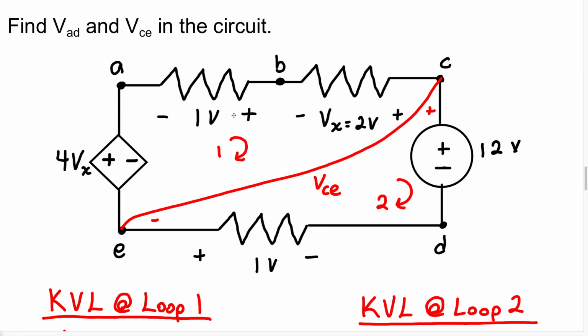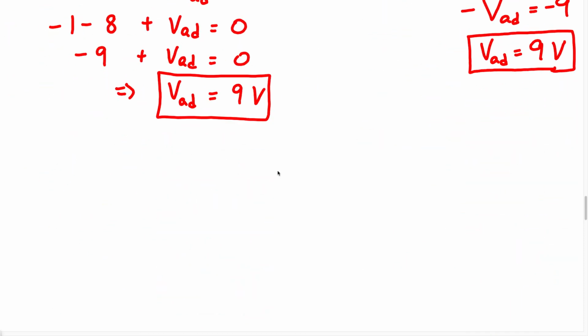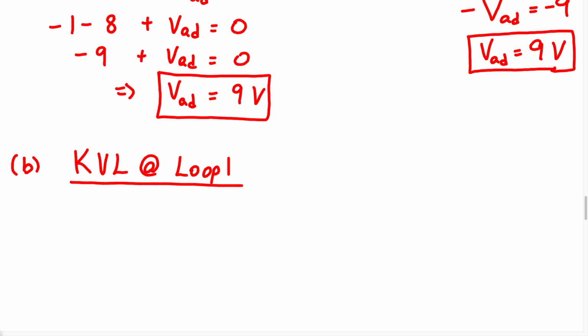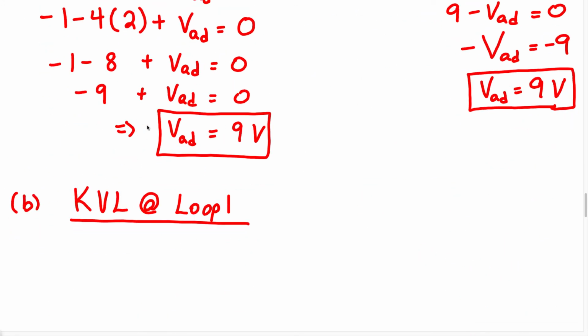I'm going to do both methods once again. I'm going to start with loop 1. So let me just label this part A, and this one down here is going to be part B. So I'm going to say KVL at loop 1. As we start to walk in, I'm just going to start right here. We're going to walk into this negative terminal, right? So as we walk into this negative terminal, we're going to have a minus 4Vx. Don't get confused with that one, right?